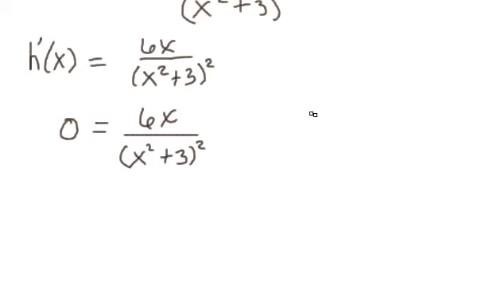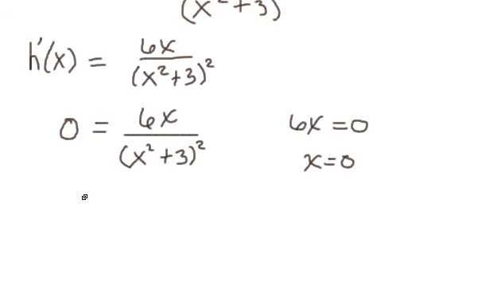Okay, so I'm going to take the numerator and set it equal to 0, and it looks like the only solution to this equation, right, is when x is equal to 0. Okay, so that's going to be the only solution, and down here in the denominator there's no way this could ever be 0 down here.